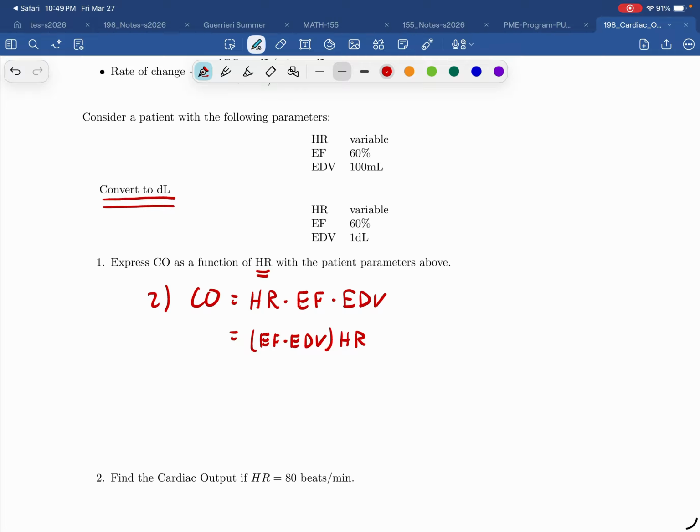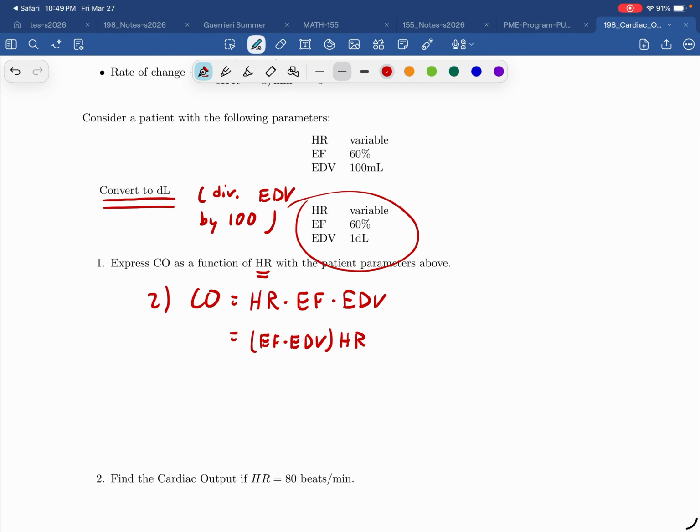So we're dividing EDV by 100. So we have that, and we're going to be using these values instead.